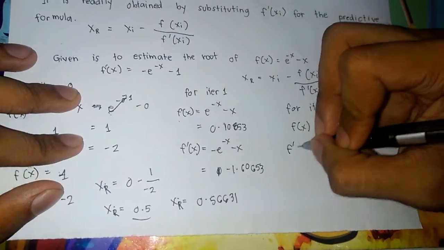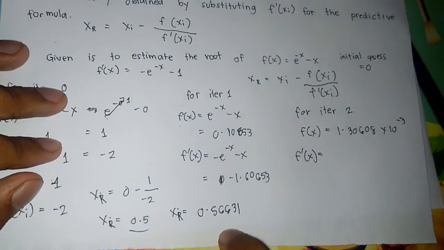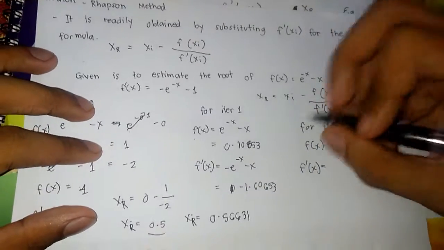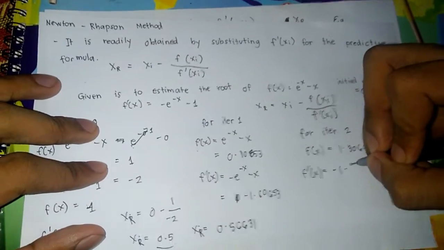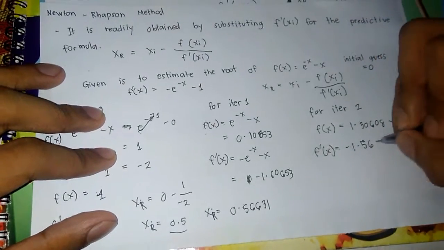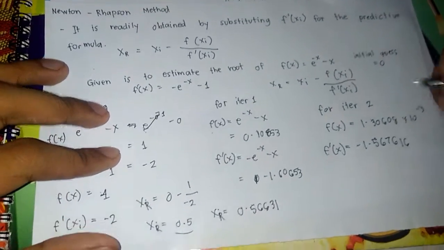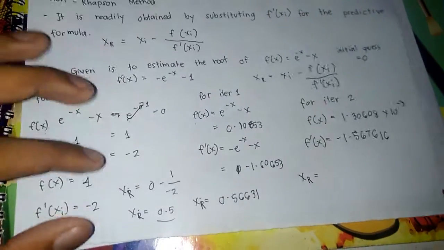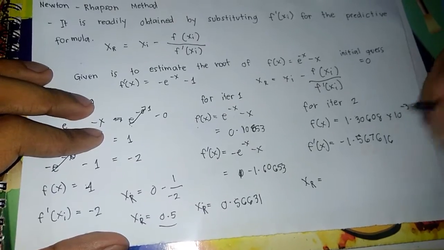For the derivative, substitute again the 0.56631 into this part, and it has an answer of negative 1.567616. For the last part, you substitute again into the formula and you have an answer of 0.56631.